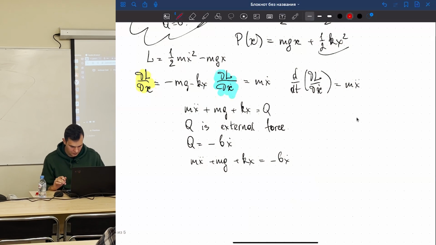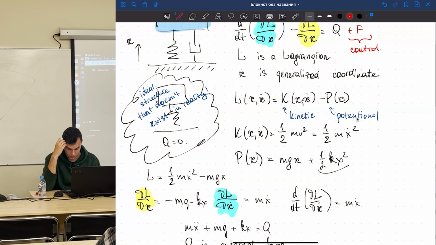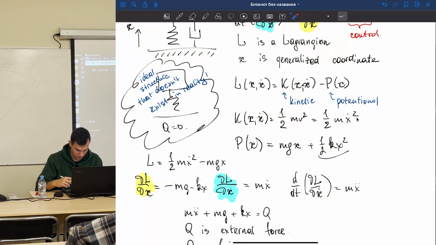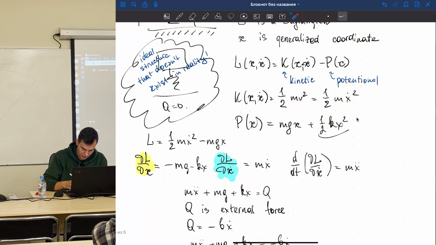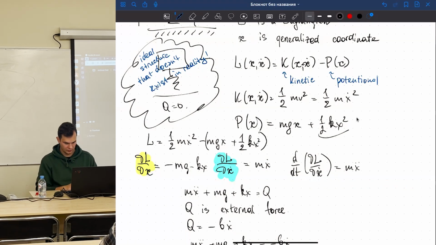And also, for the Lagrangian, after the kinetic and potential energy, shouldn't there be a minus 1/2 kx squared? Minus half, plus, yeah, sure. Right.